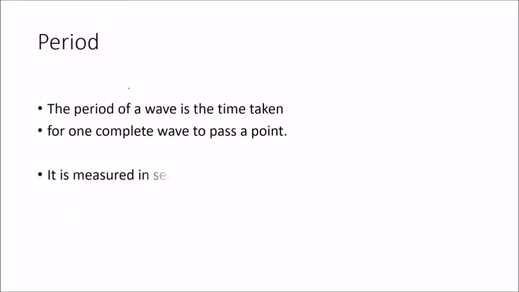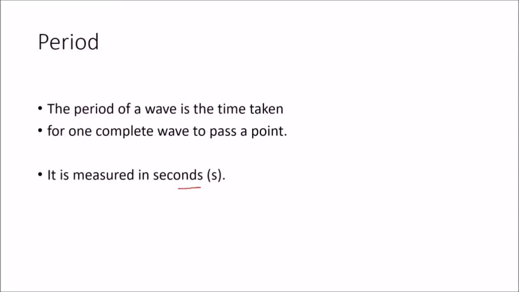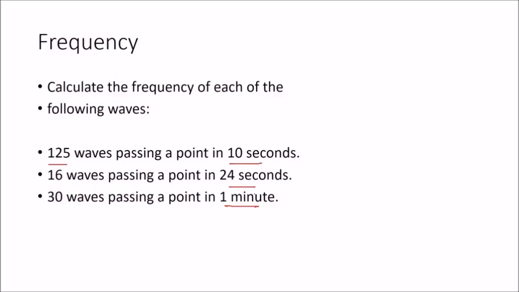The period of a wave is the time taken for one complete wave to pass a point. It is measured in seconds. Okay, let me go back and try to solve one of these for you. Say we take the last one: 30 waves passing a point in 1 minute.